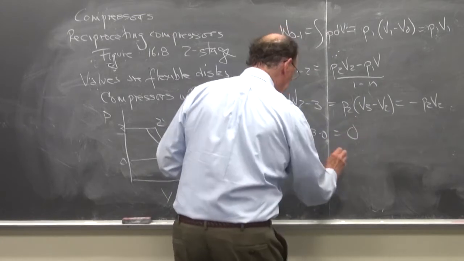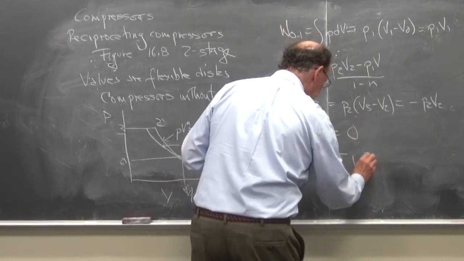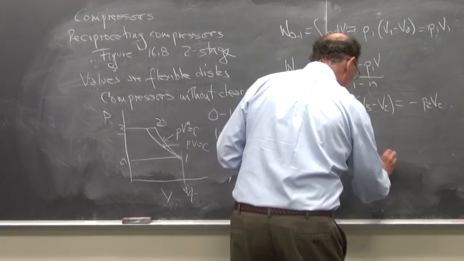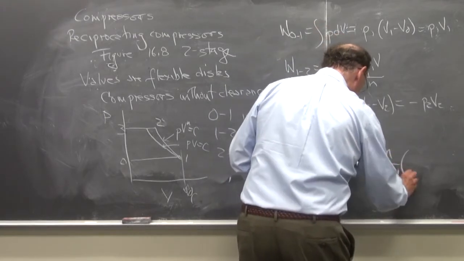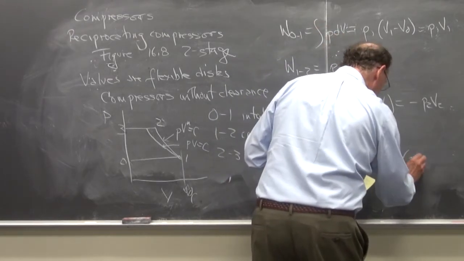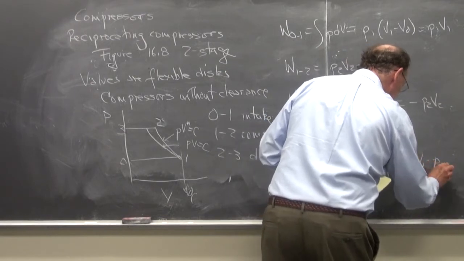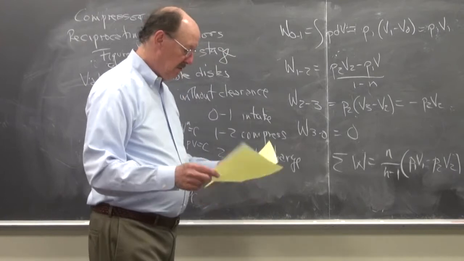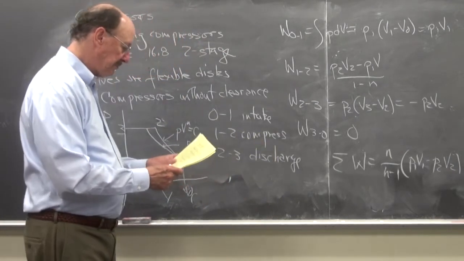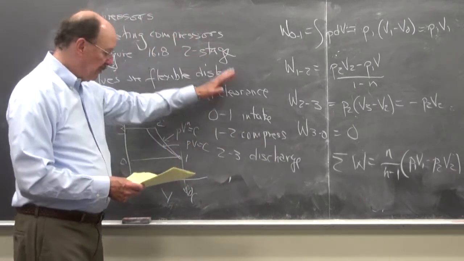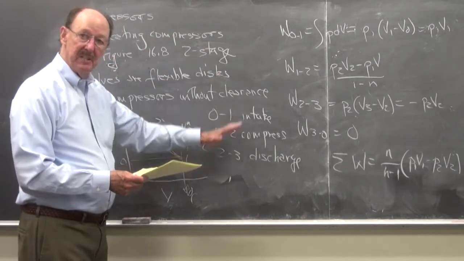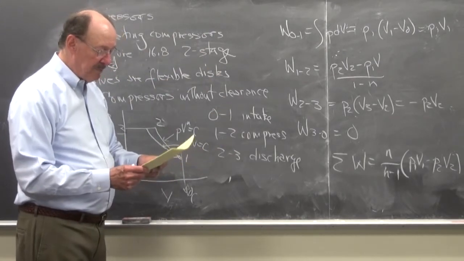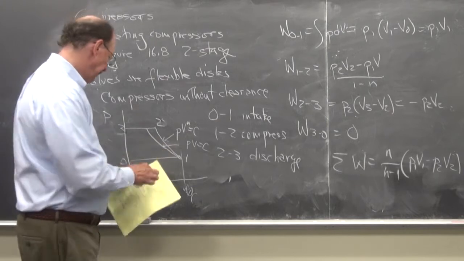If I sum all the works, we'll get that this is n over n minus 1 times P1 V1 minus P2 V2. So this provides us with the work for the compressor. What we're going to do now is some manipulation of this to get it in a form that we've seen before.